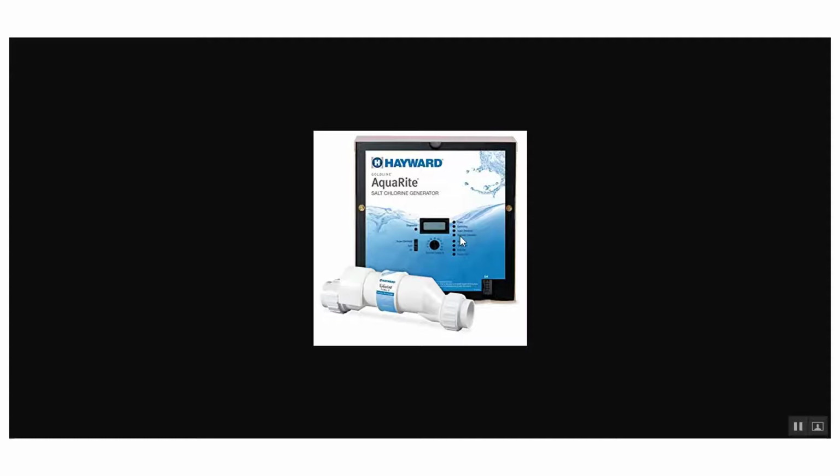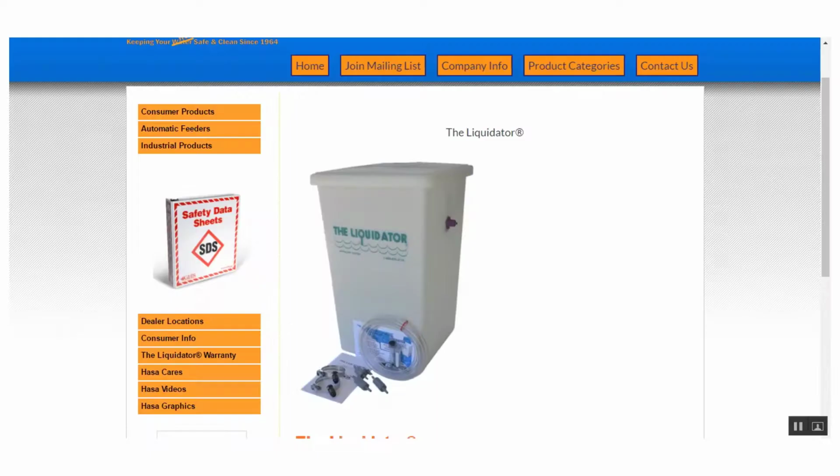Now, if you don't want to spend $1,500, you could get a mechanical device around $200. You will pour liquid chlorine into this. Now this is not assembled, but these tubes would be coming out and would be plumbed into your pool plumbing. So now the liquid chlorine is injected in very small amounts into your pool as your pump's running. Does that make sense?